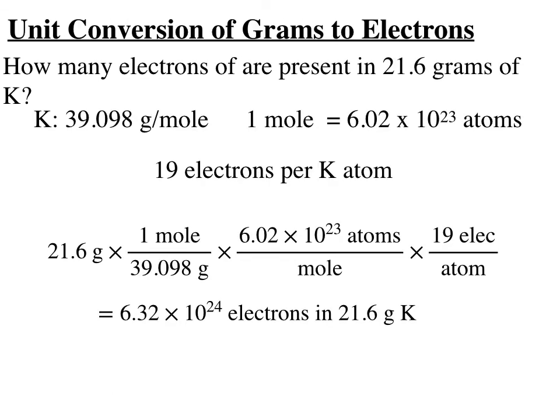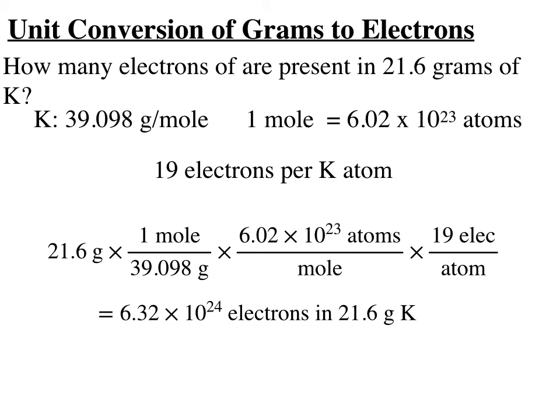Look at the example of converting the grams of a particular material that I have present into how many electrons that mass of material contains. So I happen to begin with 21.6 grams of potassium. I know the following things are going to be needed. To find the number of electrons present, I'm going to need to know how many electrons are on each potassium atom.